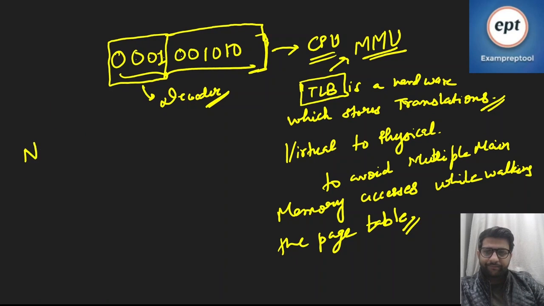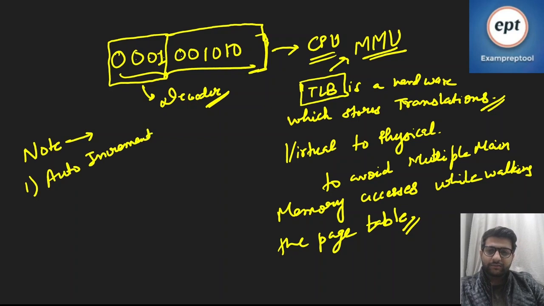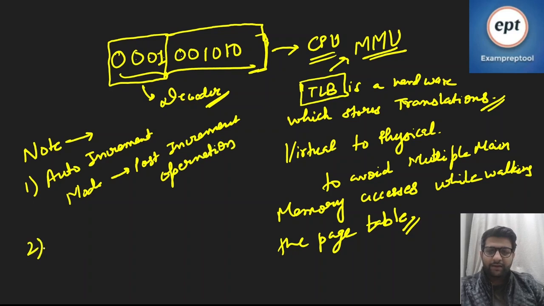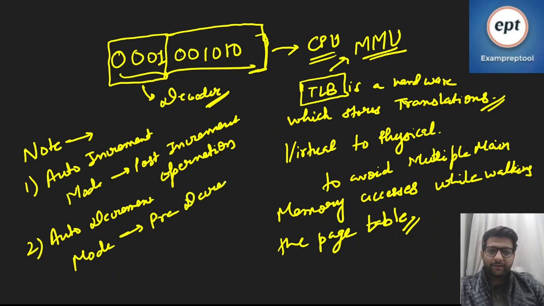So again, a note. Remember that the auto increment mode does a post increment operation, and the auto decrement mode does a pre decrement operation.